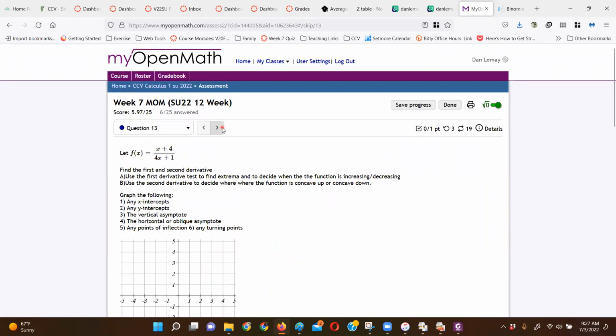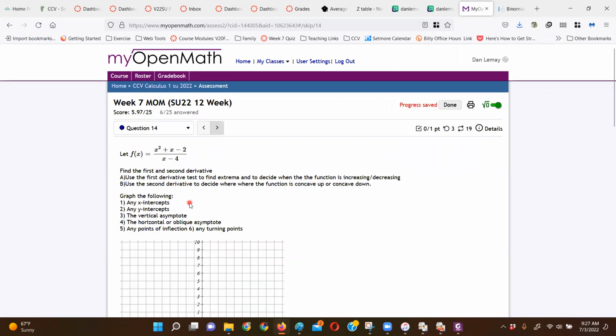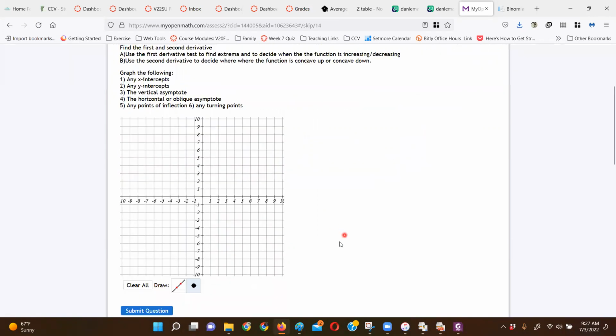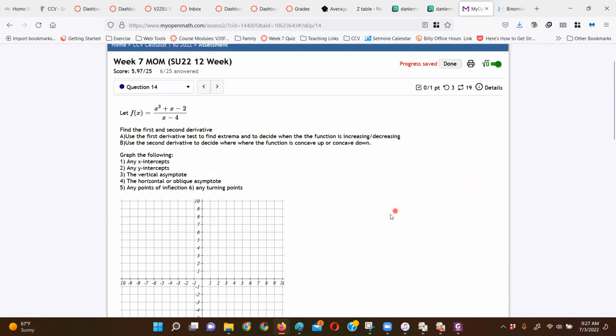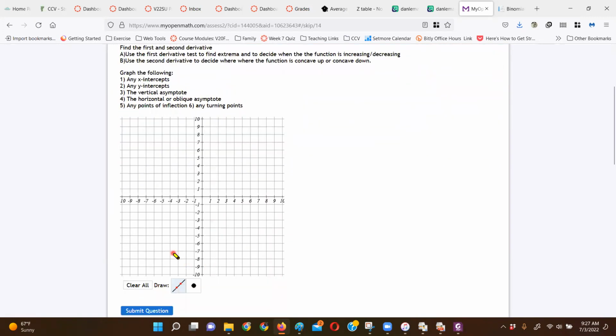So the next one does the same kind of thing, just a little bit. Now this just has, well, we could do the oblique asymptote. So I guess I'll do that, but boy, it's too bad that this happened like this. I didn't realize he did this. They aren't letting me do much with that, are they?